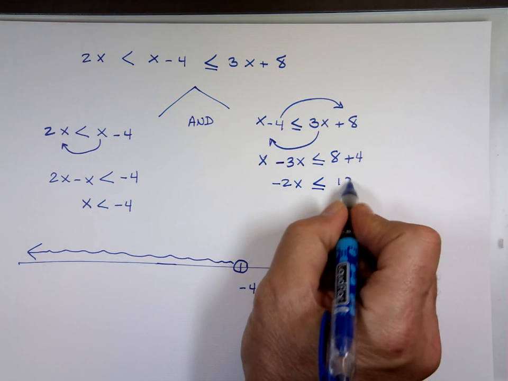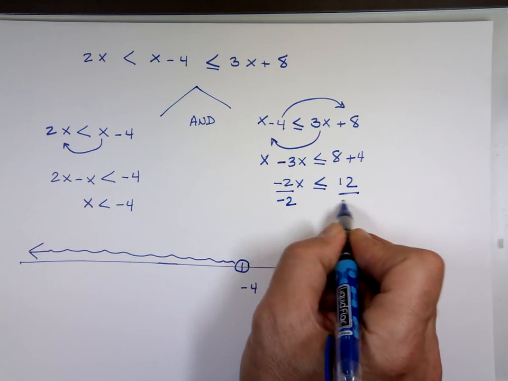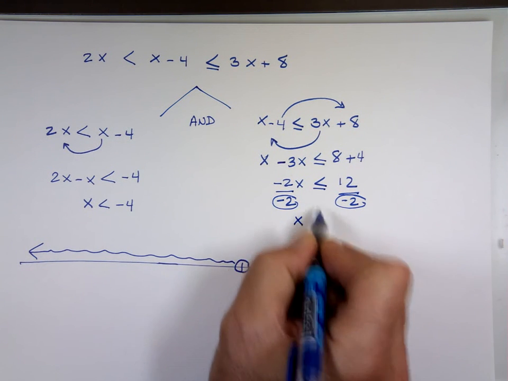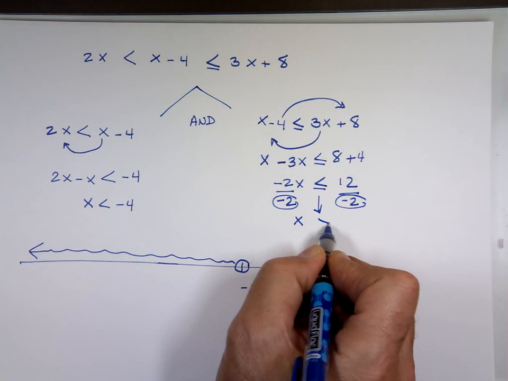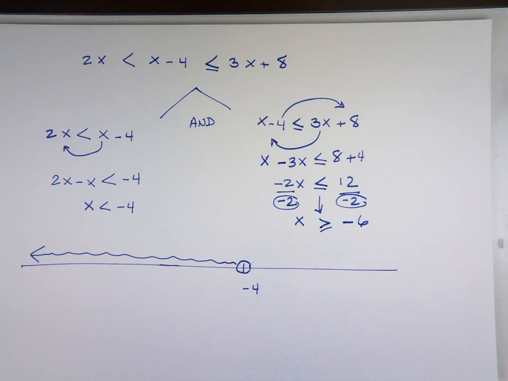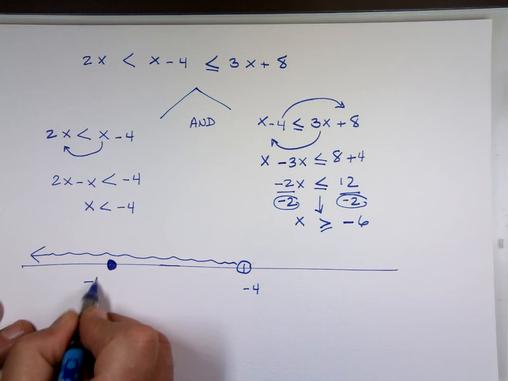I got to divide by what? Negative 2. And again, you're dividing by a negative number, so what do we do? Switch the sign to what? Negative 6. So the negative 6 is here. And it says greater than or equal to, right?